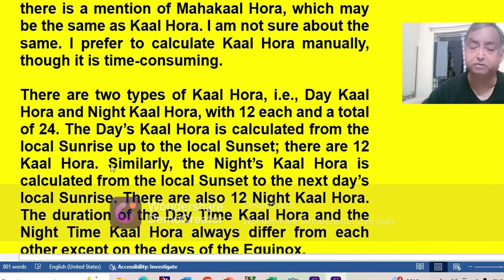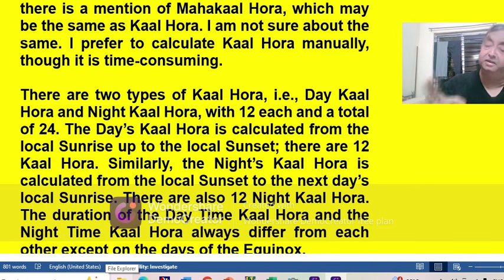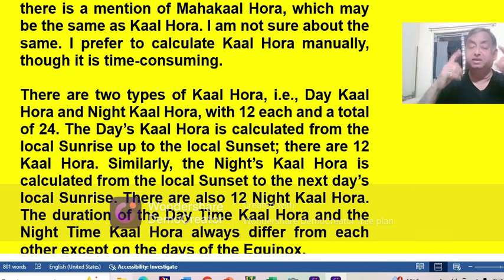There are two types of Kaal Hora, day Kaal Hora and night Kaal Hora, with 12 each and a total of 24 Kaal Horas. Means during day time there will be 12 Kaal Hora and during night time there will be 12 Kaal Hora.